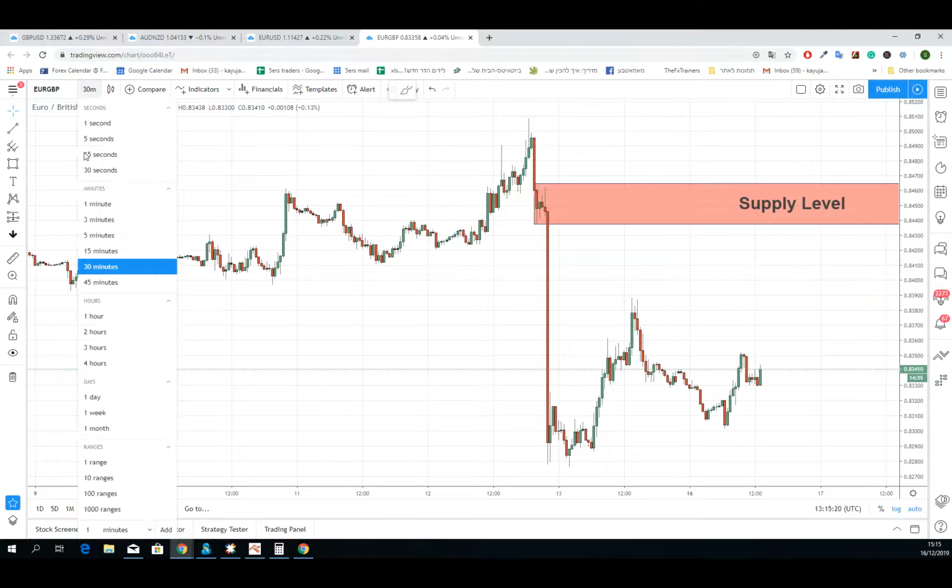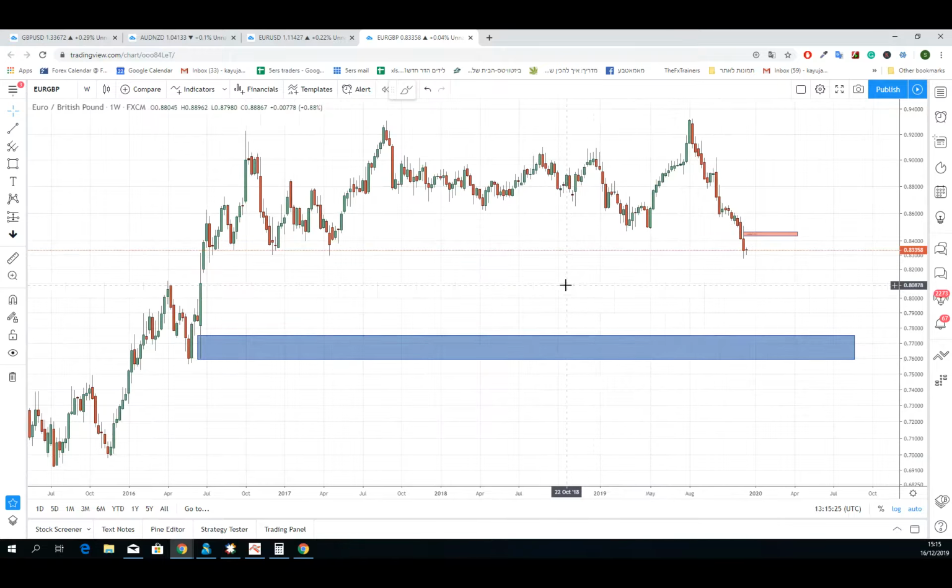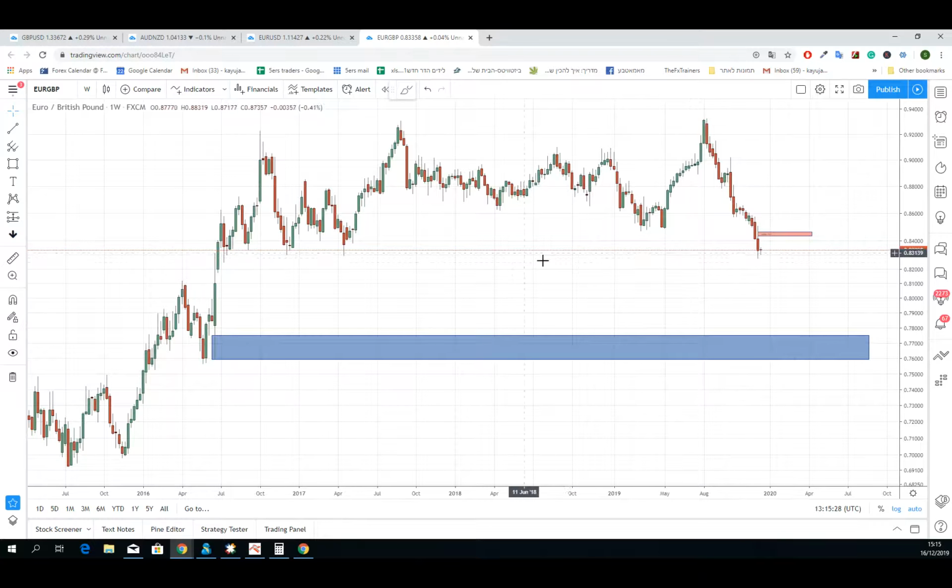If we look at the higher time frame, as we can see here, the price is now just holding on a previous support level that the price already touched a few times in the past. You can see here, it was a very long time ago, about 3 to 2 years ago, the price was supported on this level a few times.